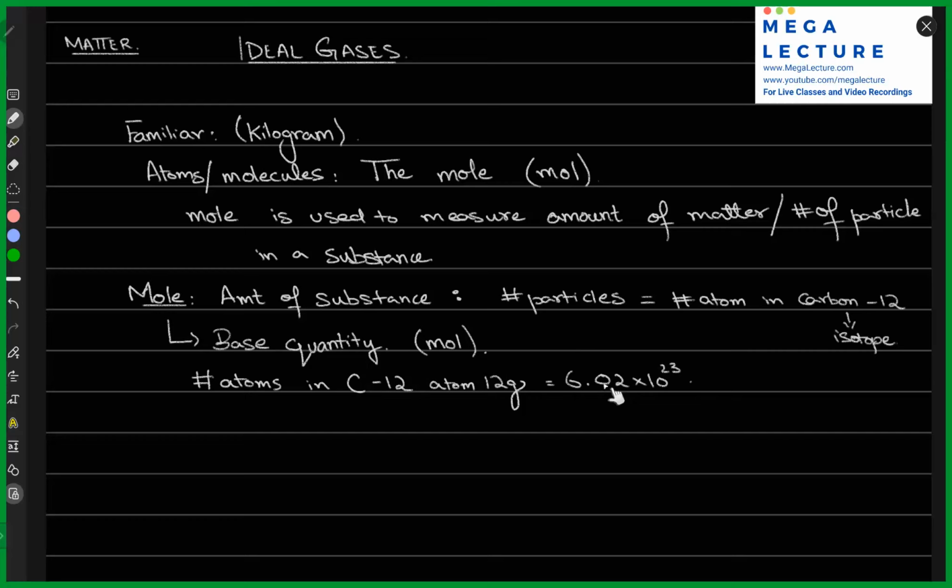This number has a famous name as well. Avogadro's constant. Yes, exactly. It's known as Avogadro's constant. So we can write this as Avogadro's constant, which is 6.02 into 10 raised to the power 23, and the unit is the inverse of mole, so mol^-1.